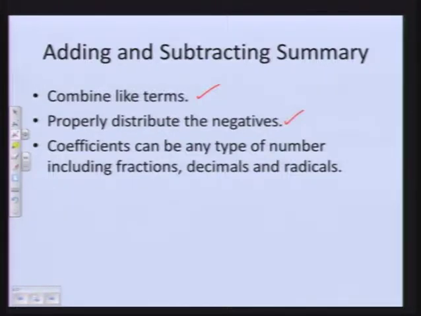This will come up when we subtract. And coefficients can be any type of number. They can be whole numbers, they can be fractions, they could be decimals, they could be radicals. But when we combine those, then you just have to know how to add that type of number.